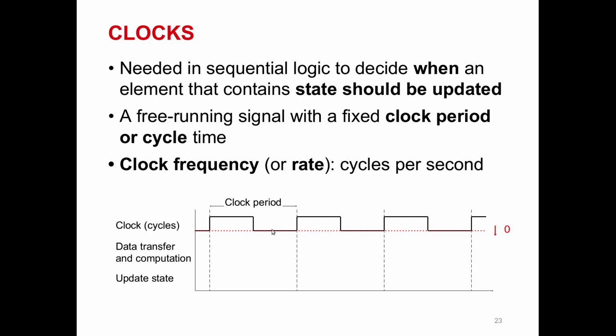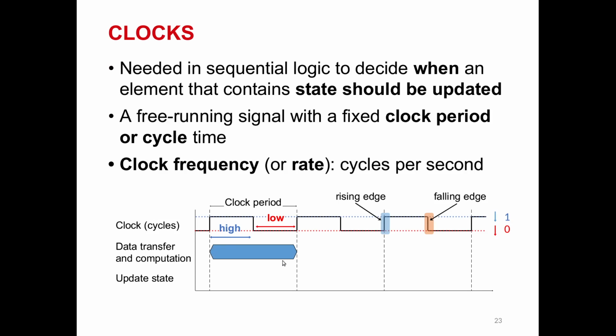In a clock you will have the value of 0, or the low state, and the value of 1, the high state. When the clock equals 1, you have the high period. When the clock equals 0, you have the low period. You also have the rising edge when the clock changes from 0 to 1, and the falling edge when the clock changes from 1 down to 0.